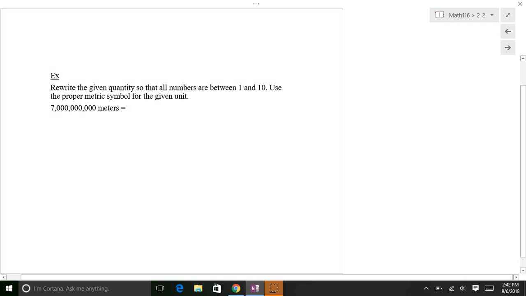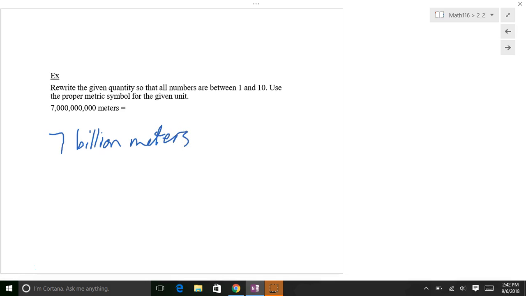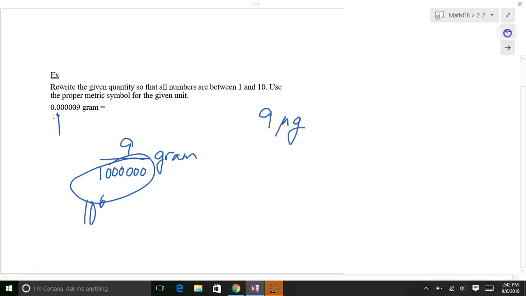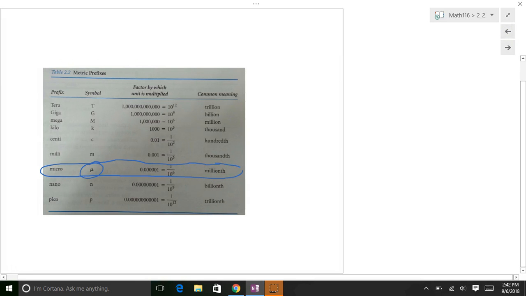Here's another one. We've got 7 billion meters. Just read that: it's 7 times a billion, if you will. We're going to look at the table again, looking for the billion, and that's the giga, right? You see the giga right there, capital G. And this is in your book, by the way.